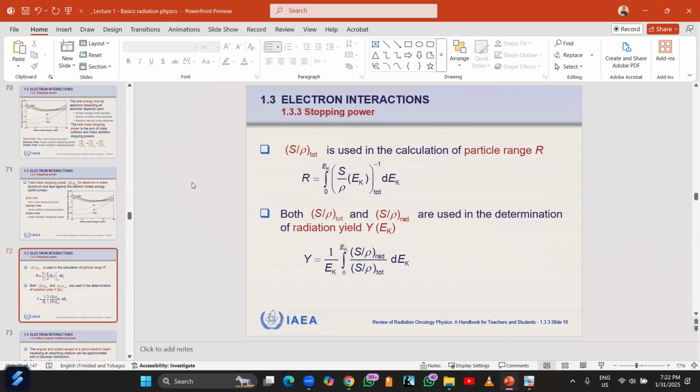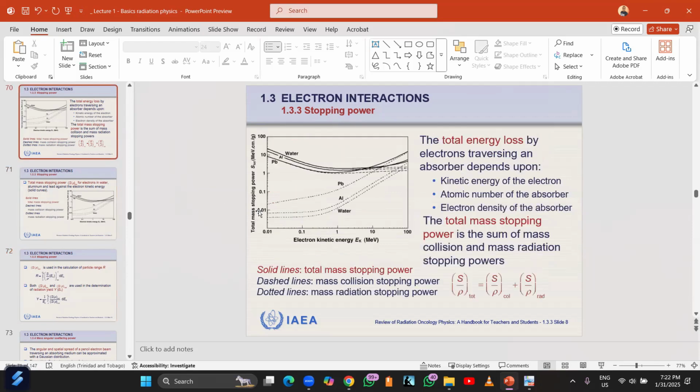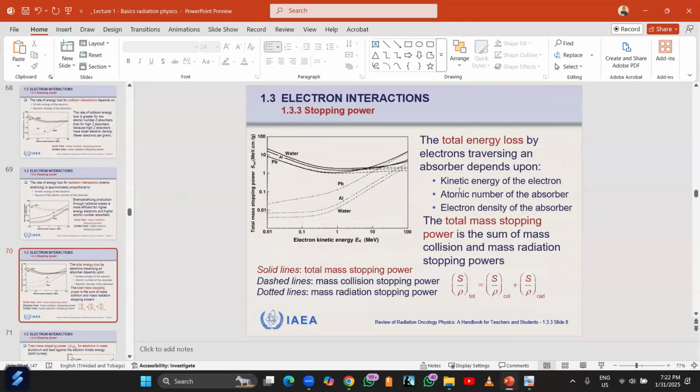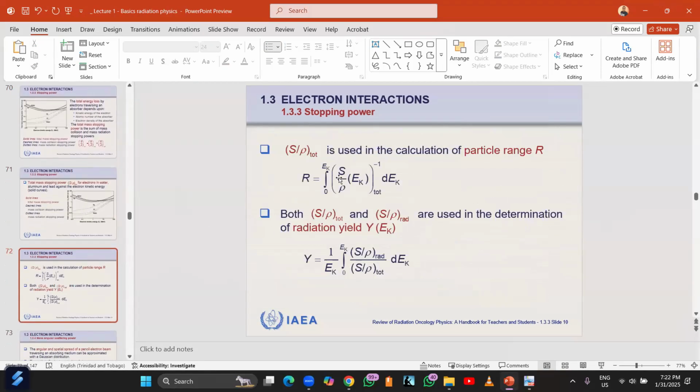For water, we know it's 2 MeV per centimeter. But how about other medium? That's why now we incorporate the density, so that if I give you a specific medium, you can calculate the range in that medium. Whatever you get here, you just have to multiply by the actual density of that medium.